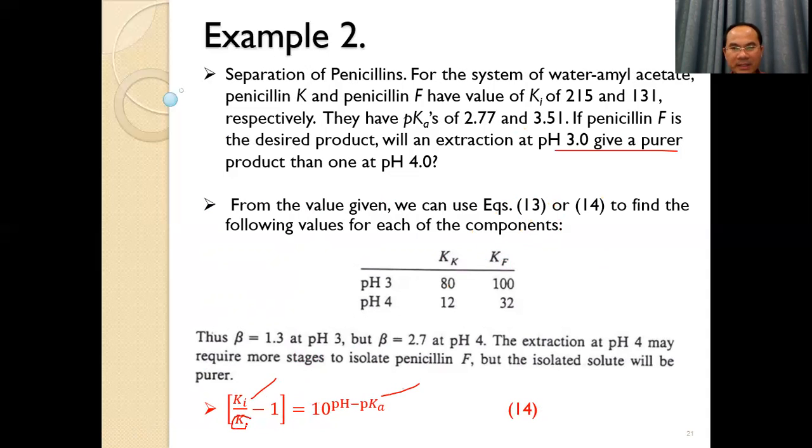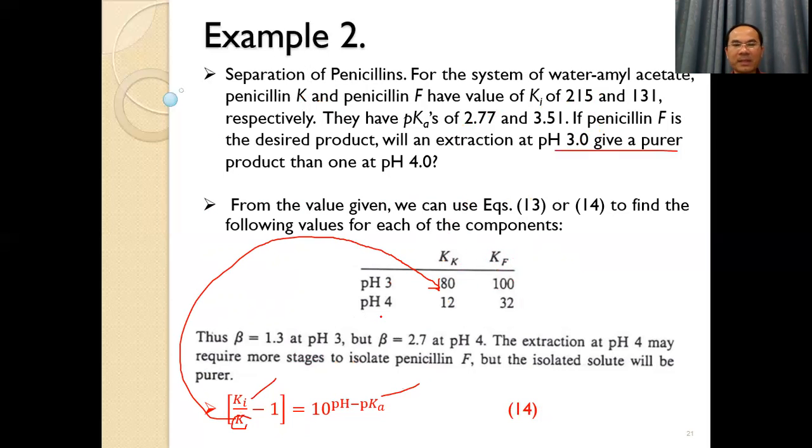For example, for penicillin K at pH equal to 3, you substitute pH 3, pKa is 2.77, Ki is 215, and then you can solve K. You get K at pH 3, for penicillin K, K is 80, and penicillin F is 100 for this case.